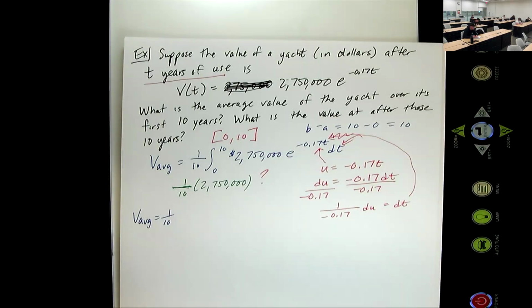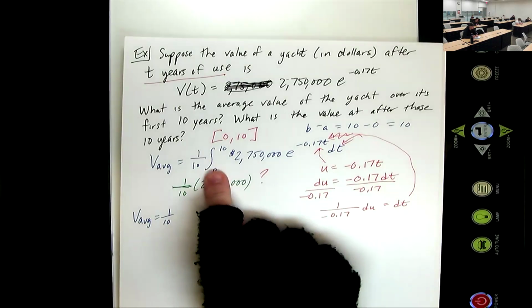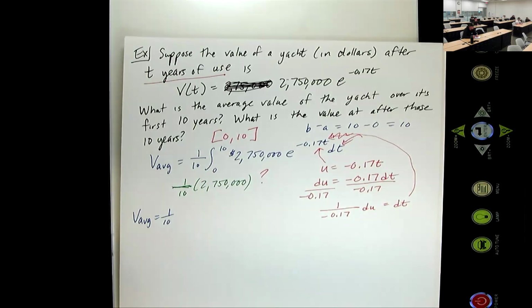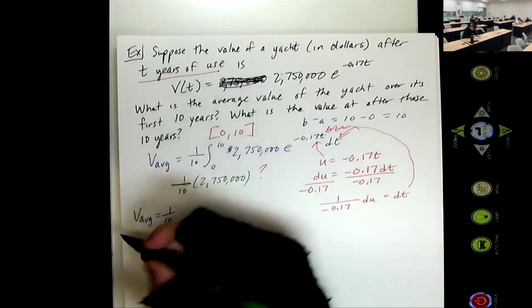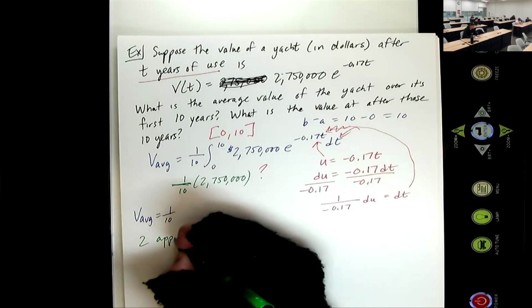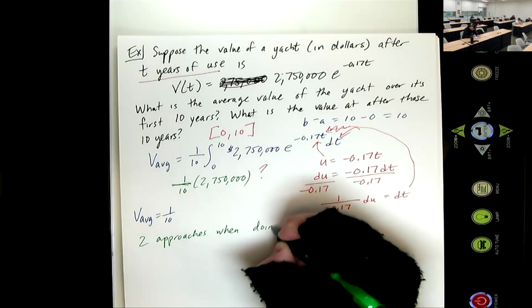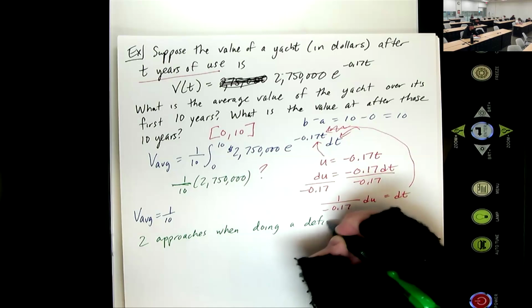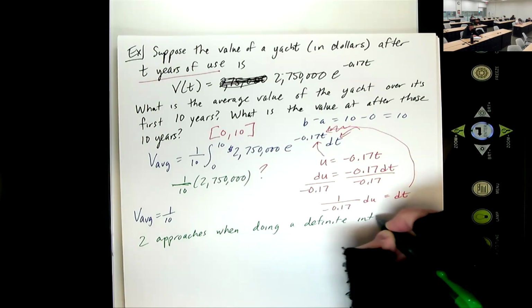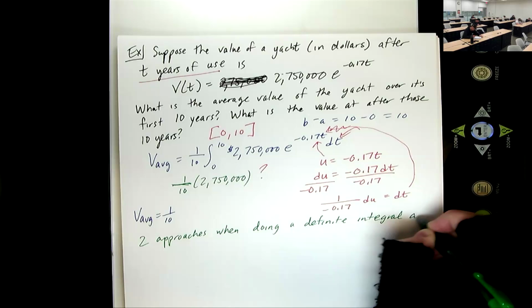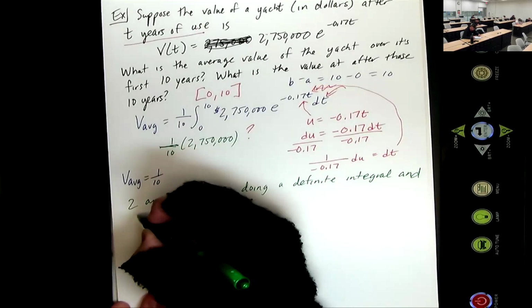Oh, but notice this. These are in terms of t as well. So we have two approaches when you're doing a definite integral and you use a u substitution.